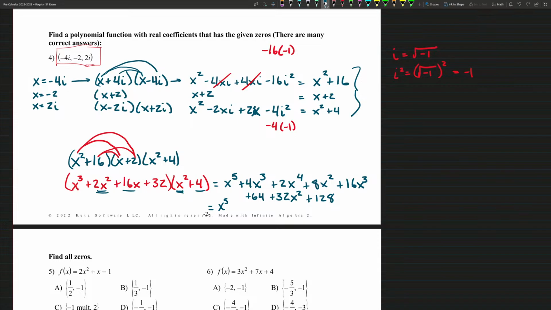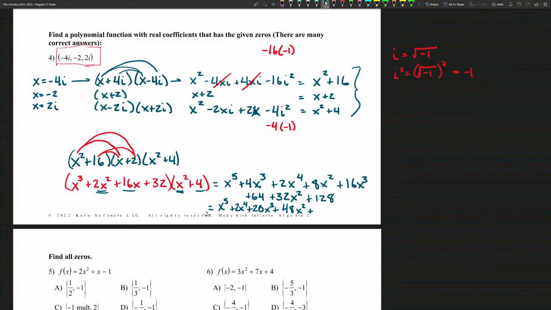4x cubed plus 16x cubed, that's 20x cubed. We have a plus 2x to the 4th. We have a bunch of x squared. So 48, it looks like.